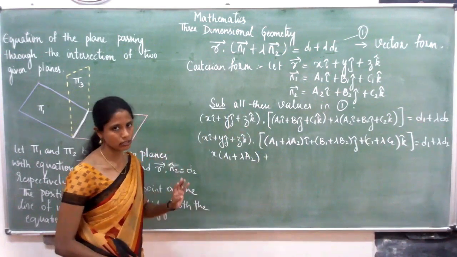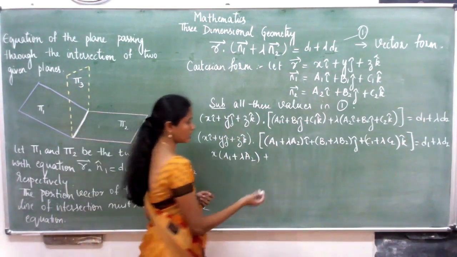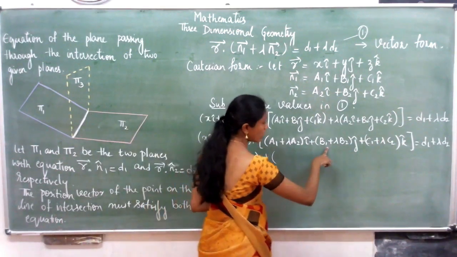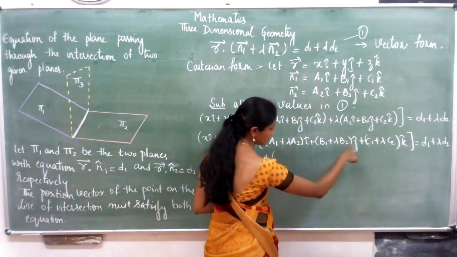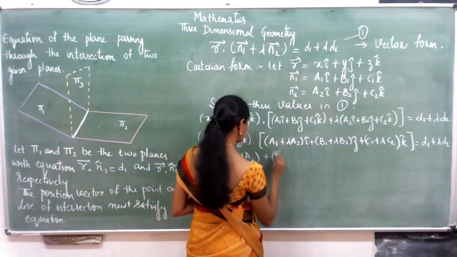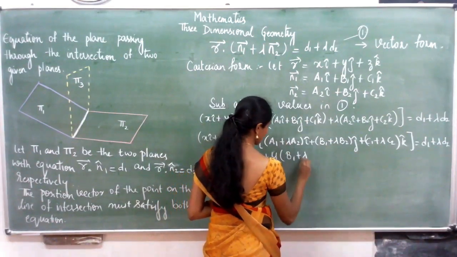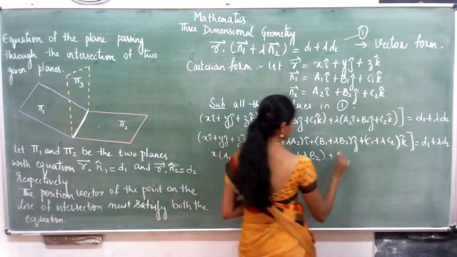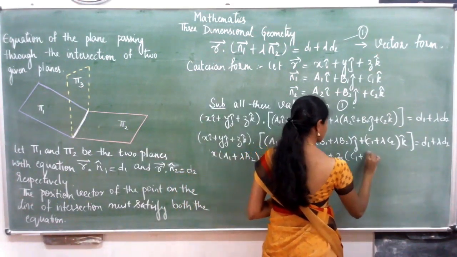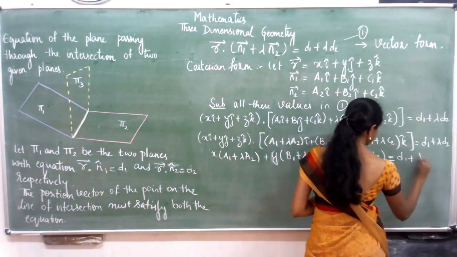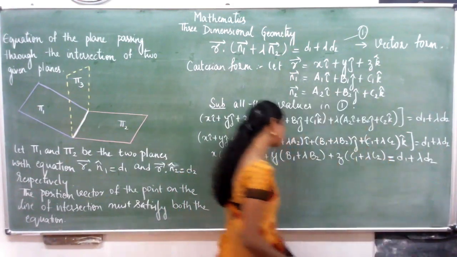Therefore, that we are not going to write. The remaining terms let us write. So next it will be y j cap dot product with b1 plus lambda times b2 into j cap, so that will be equal to 1 into b1 plus lambda times b2. Similarly, z into c1 plus lambda times c2 is equal to b1 plus lambda times b2.